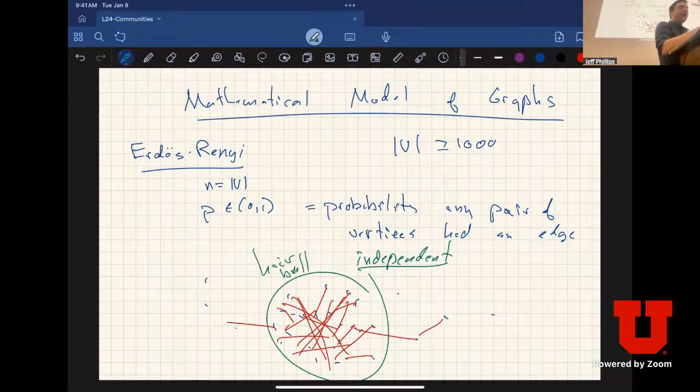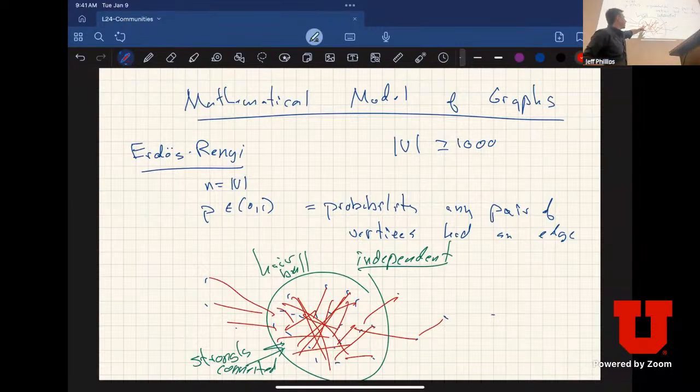Where there's a central node that was strongly connected, or where everything could get to everything else pretty quickly. You could get from one node to any other node in a small number of hops. And then there would be a small number of these vertices that are connected to the central cluster in the middle by just one edge, and they're off by themselves.